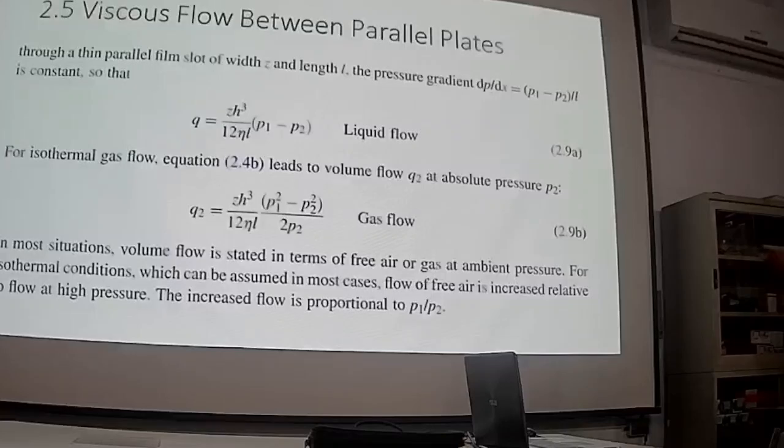So for instance, the radial pressure gradient, dp divided by dx, can be used like this. So this is the liquid flow we use, and this is for the gas flow from the air bearing.